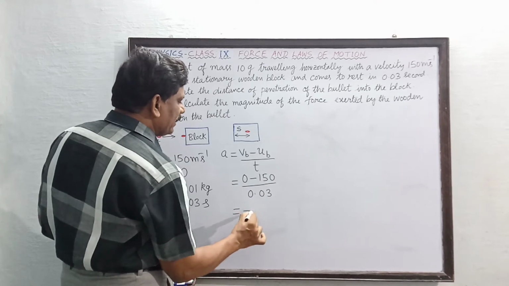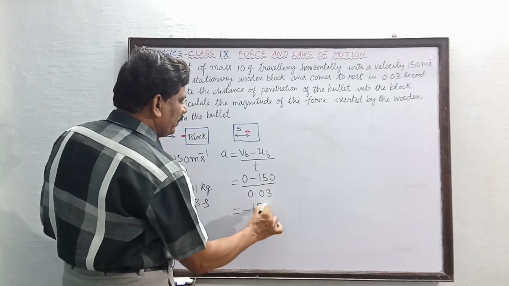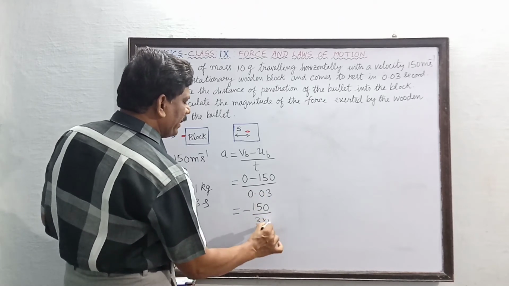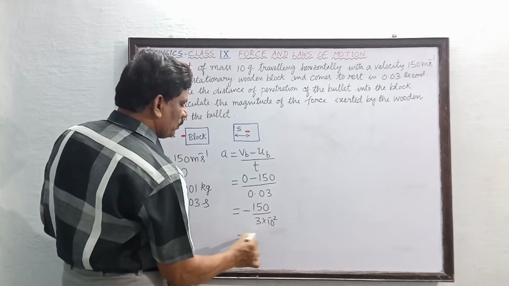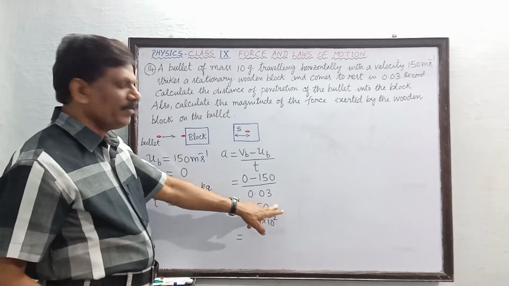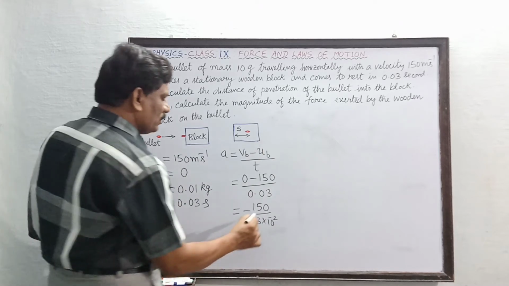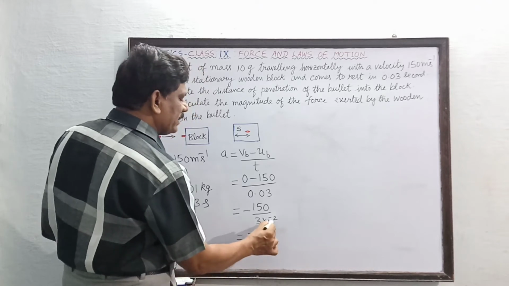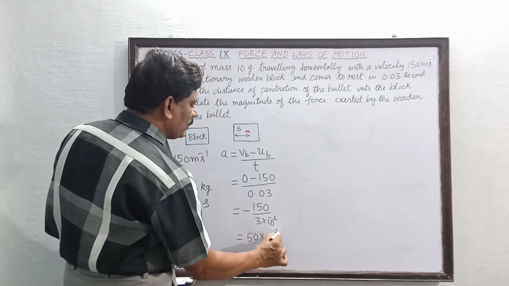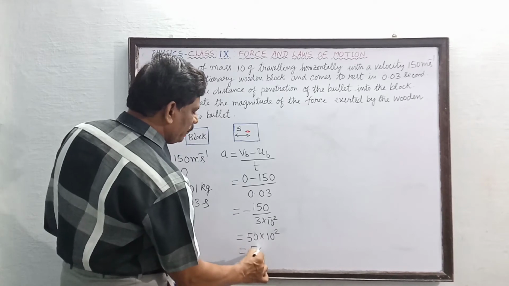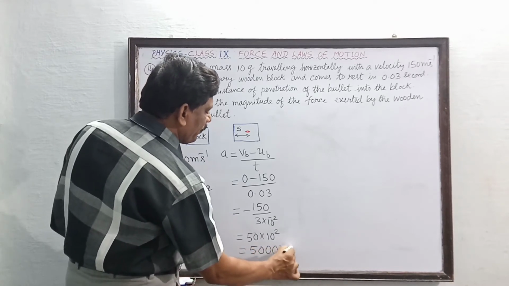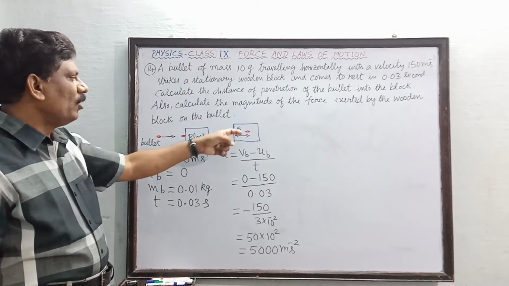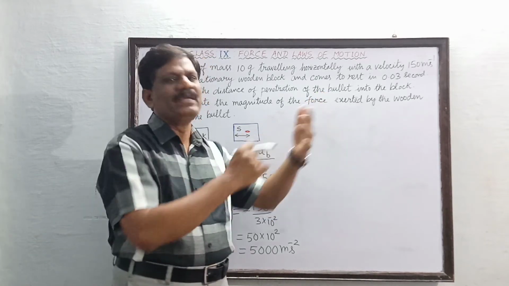So this is minus 150 divided by 3 into 10 power minus 2. When 10 power minus 2 comes up, it is 10 power plus 2. So 150 by 3 is 50, and 50 into 10 power 2 is 5000 meter per second square. This is the acceleration.